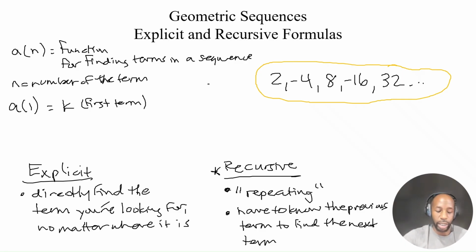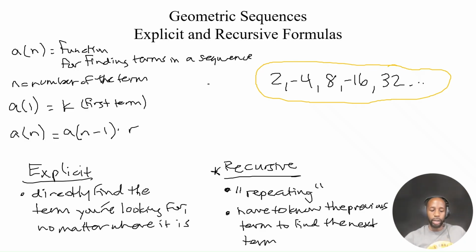Okay, and then the full recursive formula. So the full formula to find a term in a geometric sequence, the recursive formula, is the following: a of n equals a of n minus 1 times r.